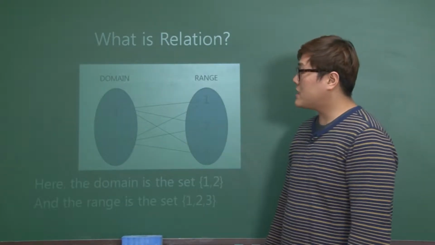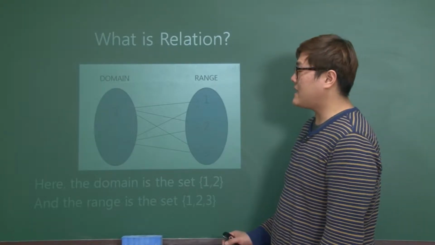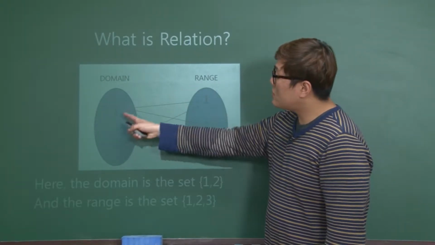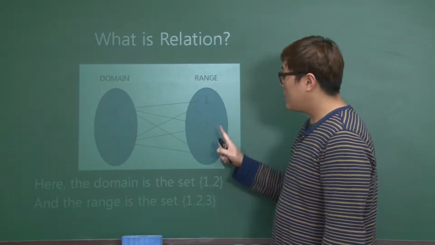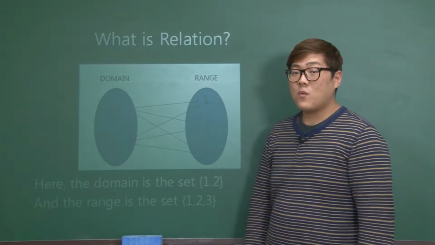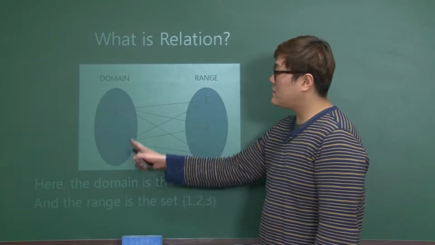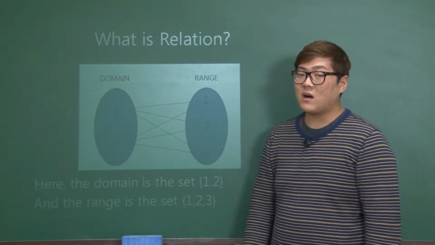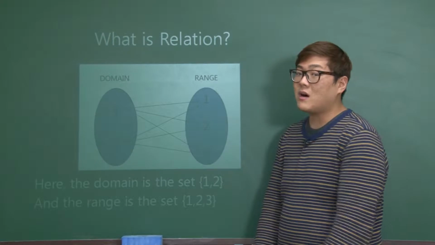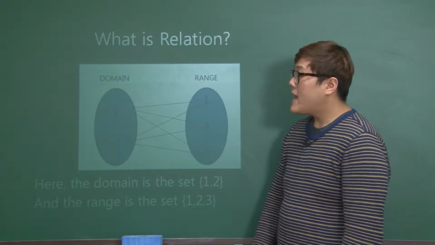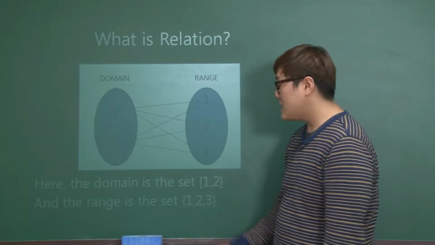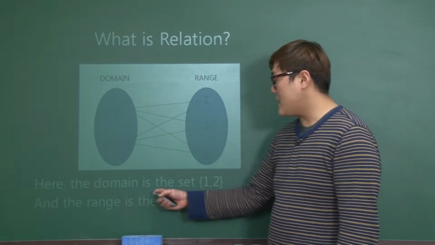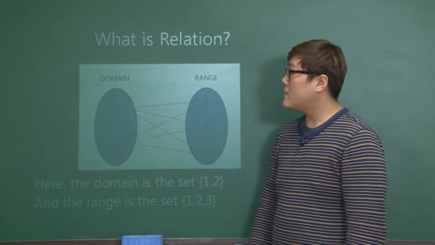So let's look at this problem. There were 1 and 2 as x-coordinates, and there were 1, 2, 3 as y-coordinates. Like I said, the first element is called the x-coordinate, and the second element is the y-coordinate. 1 and 2 combined together as a set we call the domain, so the domain is the set {1, 2}.